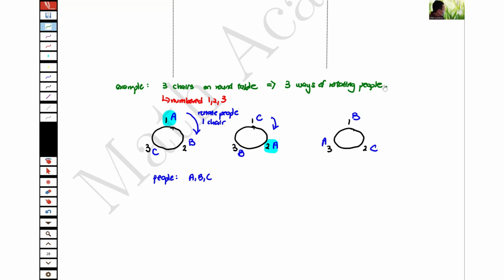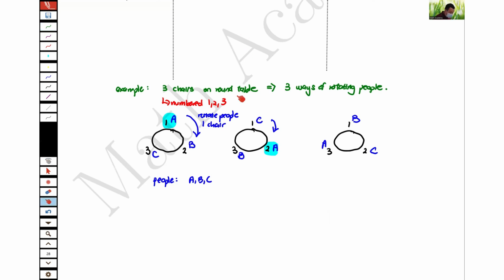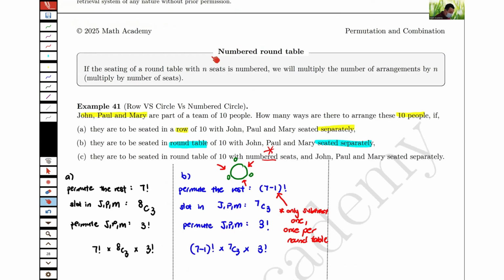Because every rotation that I have shown you here is going to be a new case. They are sitting on a different number. Okay, this will illustrate the reason why we have this box above. Whenever you have numbered seats, you are always going to multiply the arrangements by n. And that n is actually the number of seats available to you. Because of the rotation, as you rotate, you will get the people to a different number chair.